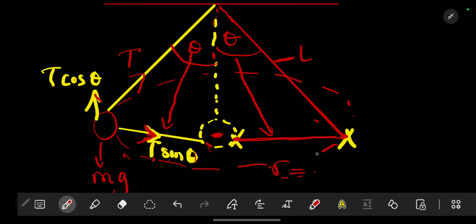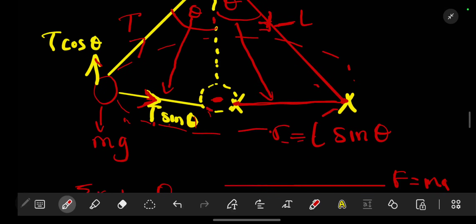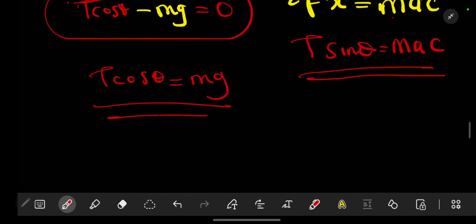So the radius will be equal to L sine of our angle theta. Why sine? Because it's the opposite. So this is also very important depending on how much information you have.